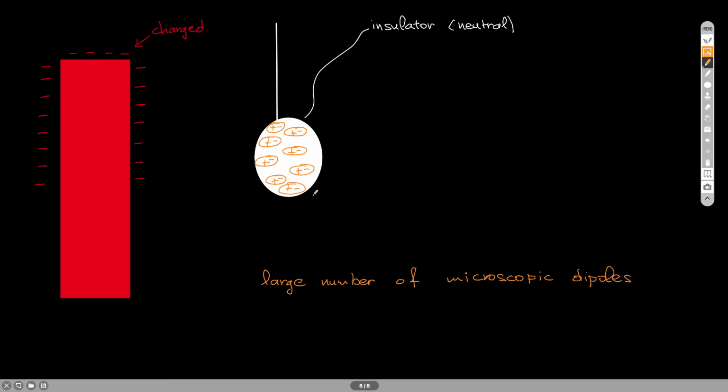Because they are at the atomic level. So every atom of this insulating sphere will have this kind of shape. Because I'm talking about every single atom of this sphere, I'm really talking about a huge number of these atoms having their electrons shifting to the right. So it is a large number of microscopic atomic level dipoles.